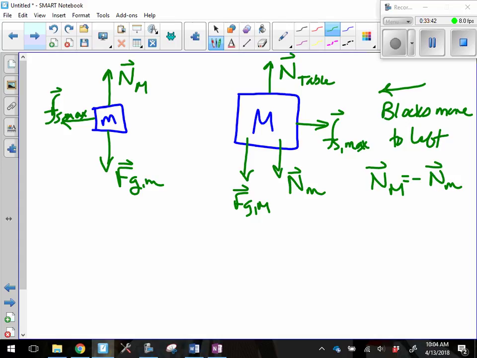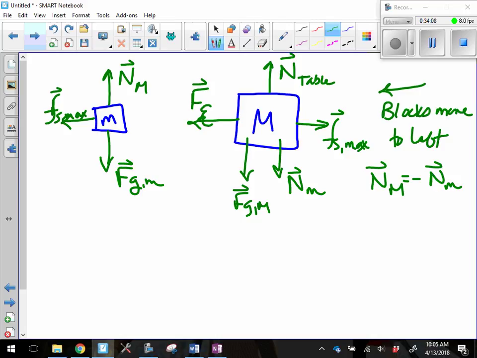And what else am I going to have? The restoring force, okay? I'm going to have that force from the spring. And because it's moving to the left, it's pulling it that way.